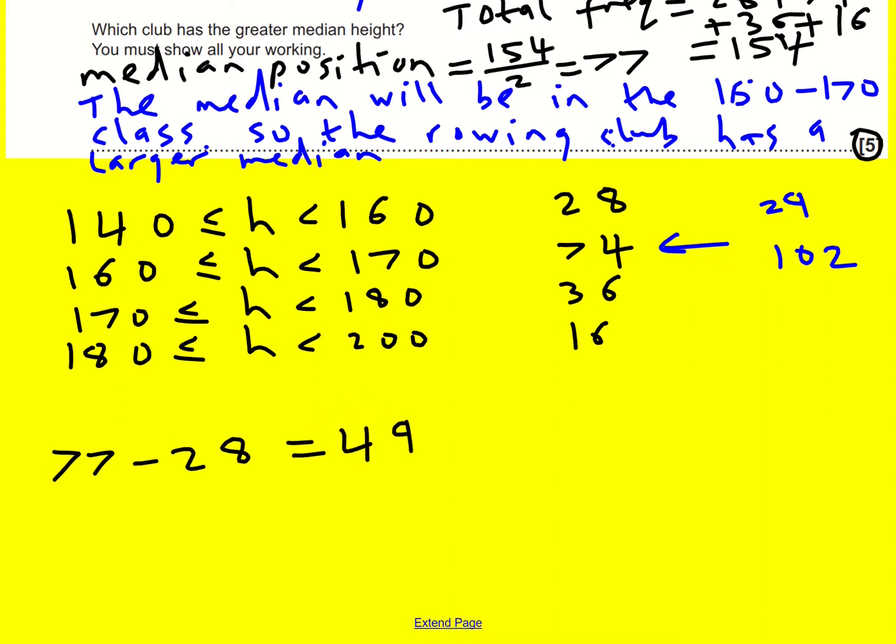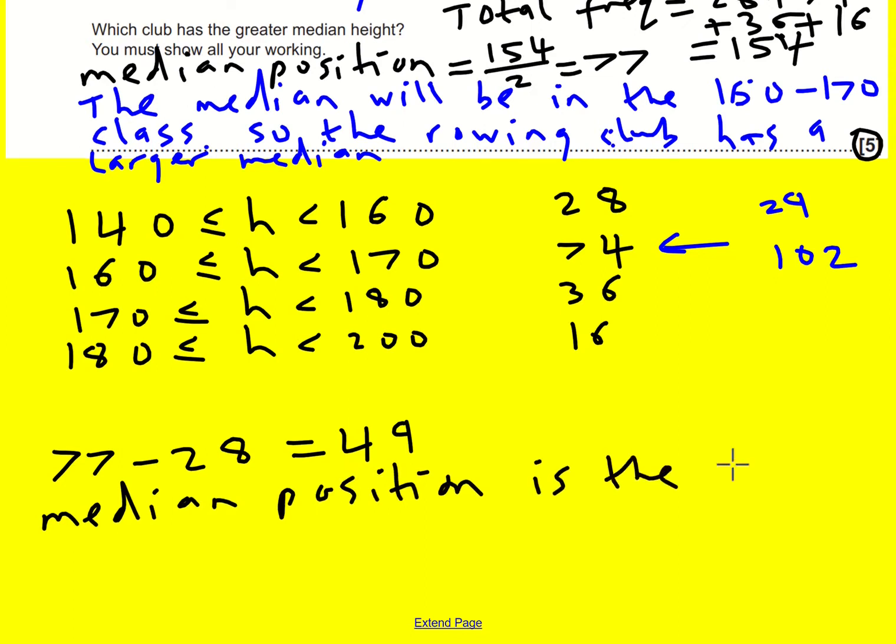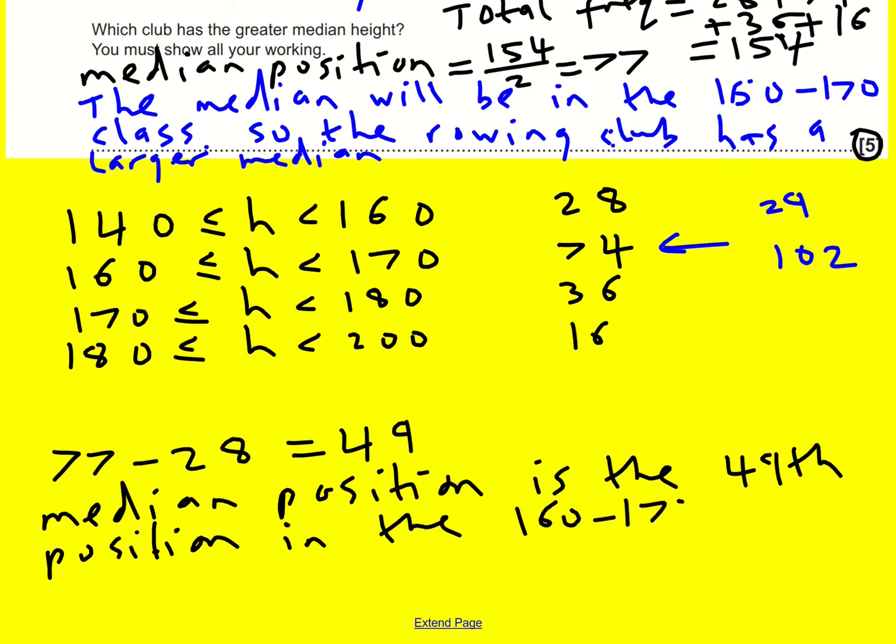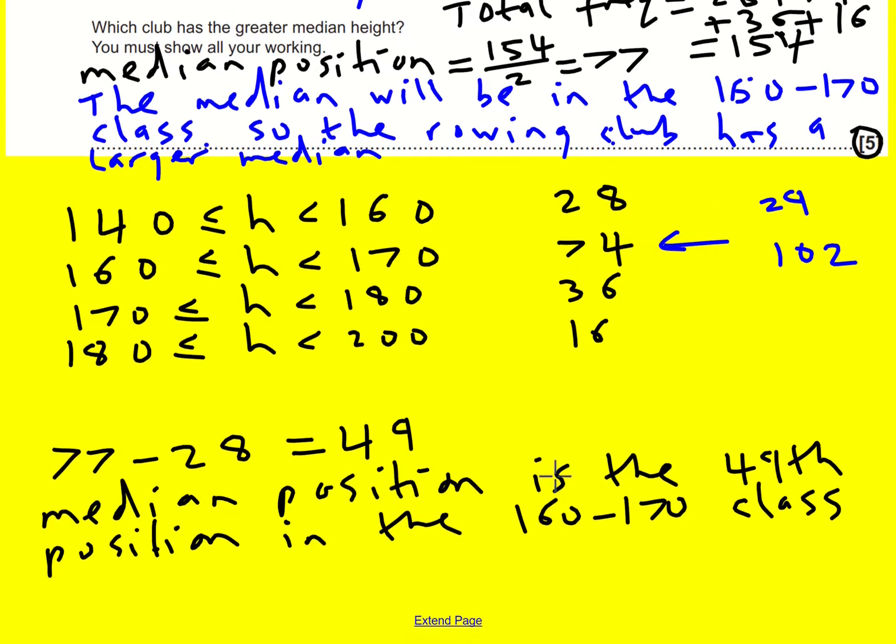49. So the median position is the 49th position in the 160 to 170 class. Now I know how many people there are. There's 74.